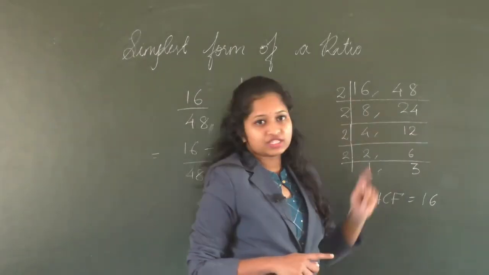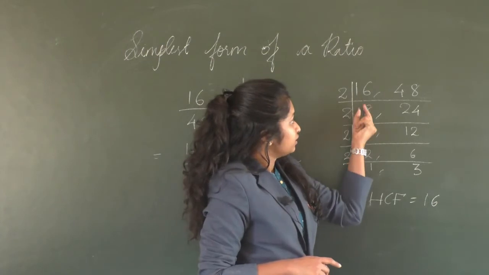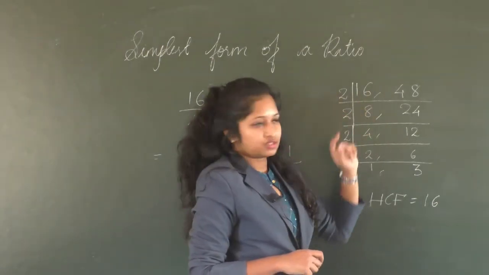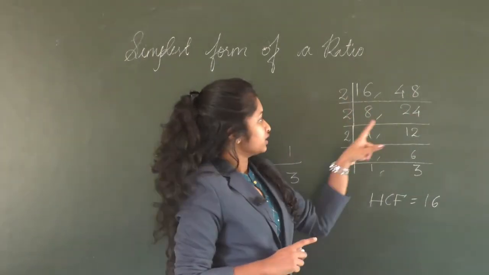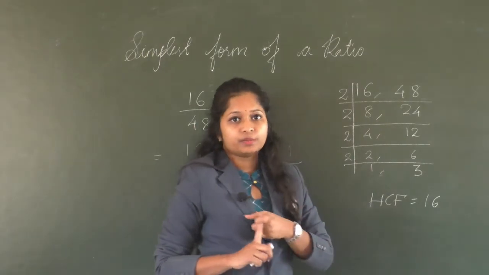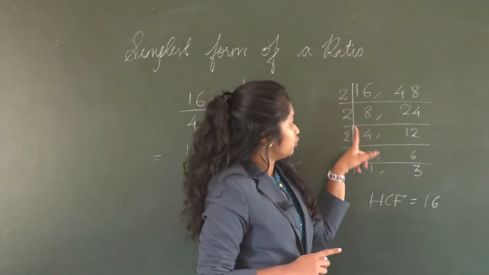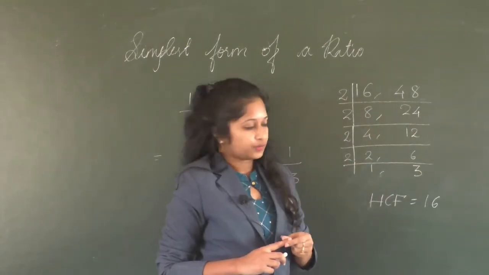Since both these numbers are divisible by 2, you can write 2 here, and we have written 8 here because 8 into 2 is 16 and 24 into 2 is 48. Next, both these numbers are divisible by 2, so I have written 2 here, and 4 into 2 is 8 and 12 into 2 is 24.